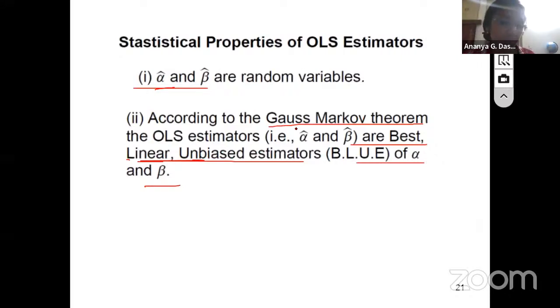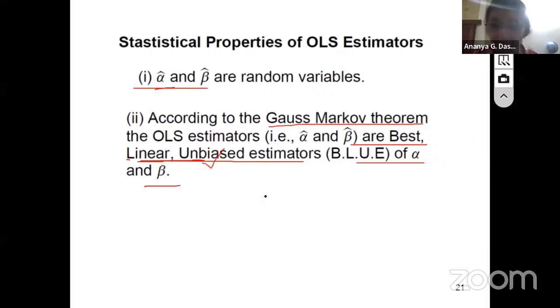And these are the best you can do because these are estimators which have the least variance. Remember, random variables have probability distributions. So alpha hat and beta hat have probability distributions which have the least variance, and in that sense they are best. They're linear because they're linear functions of the X and Y, and they're unbiased.